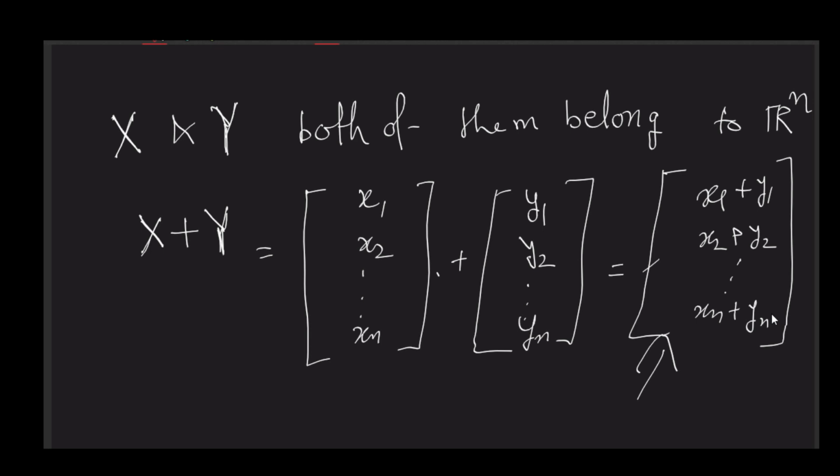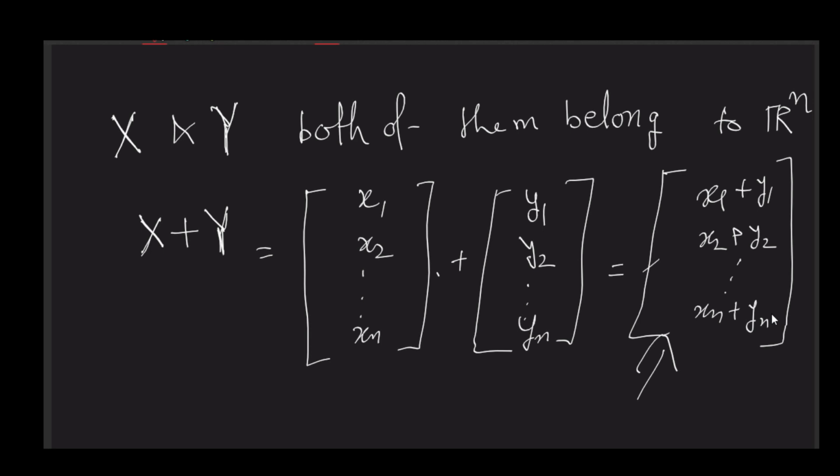Here you can understand simply that x1, x2, xn can be anything, like 1, 2, 3, or minus 3, 4, 1. Whether the order of addition is x1 plus y1 or y1 plus x1, it remains the same. So it is commutative.